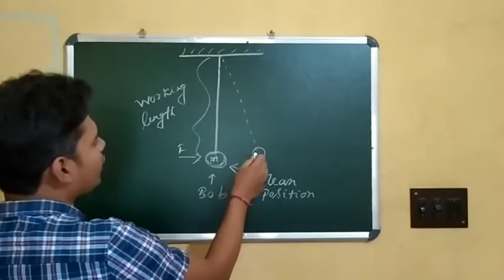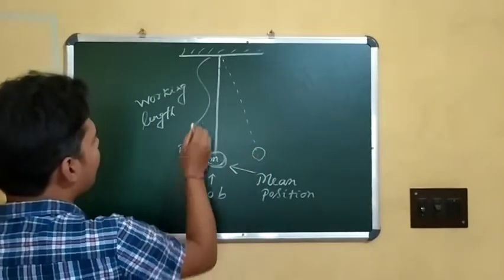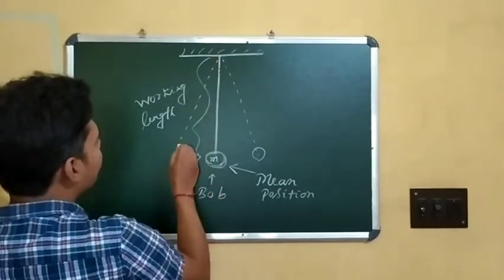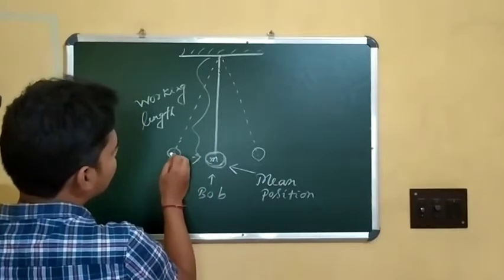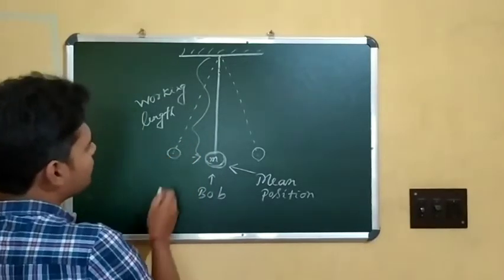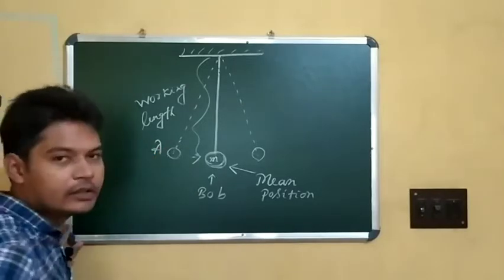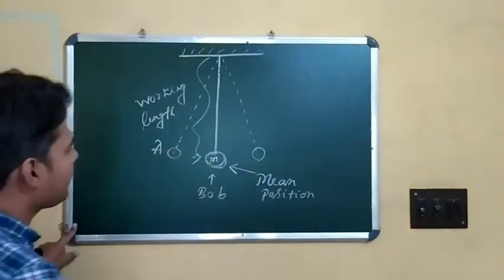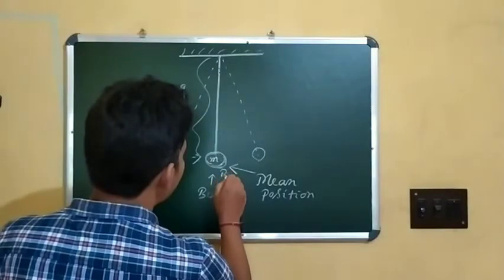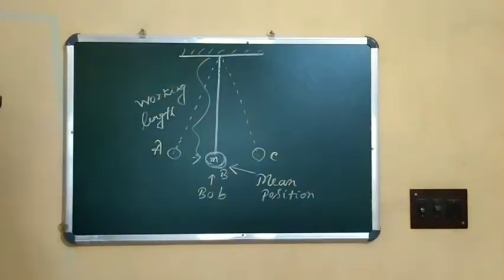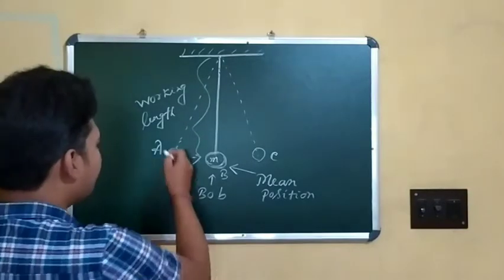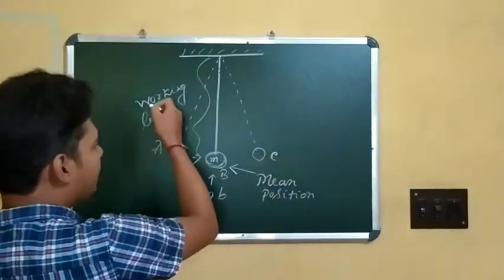Now it again repeats its path and does to-and-fro motion. Then again it comes to here. Let's take this point as A, the middle point as B, and this point as C. Okay, I hope all of you understood. Then again it comes to C, then again back to A.